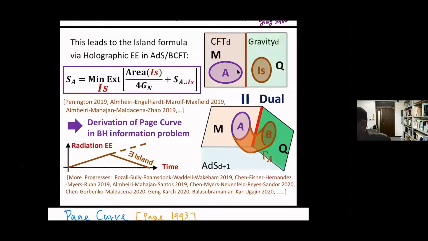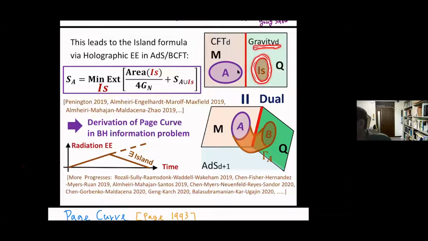One term is the standard one, just entanglement entropy. But not only A: we also include some region called the island in gravity. If the island is trivial, this is just the standard entanglement entropy. But let's add some island contribution. We also need to add an area contribution, the gravitational entropy, because this is gravity.